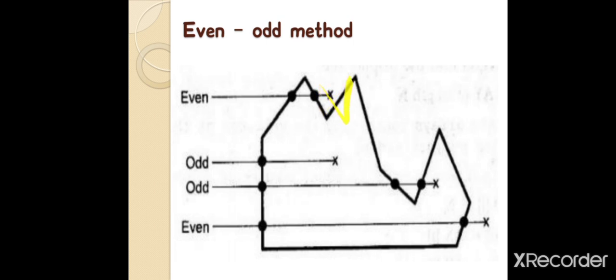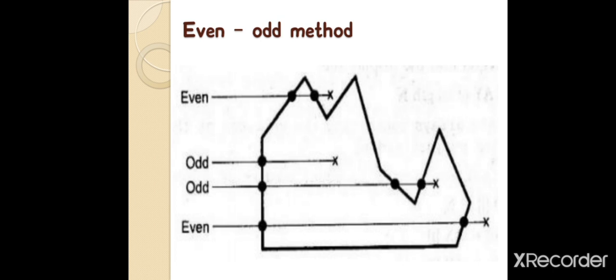This is the point which we want to check, whether it is inside the polygon or outside. This is nothing but the boundary of your polygon, and with our eye we can say that this point is sure shot outside. But the dumb machine doesn't know whether it is inside this boundary or outside. For that purpose we want to check with the even odd method.